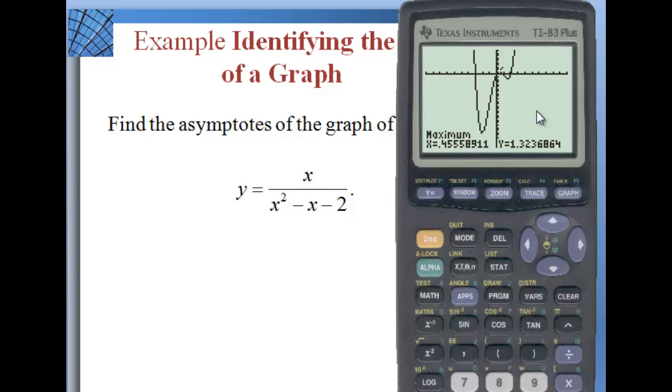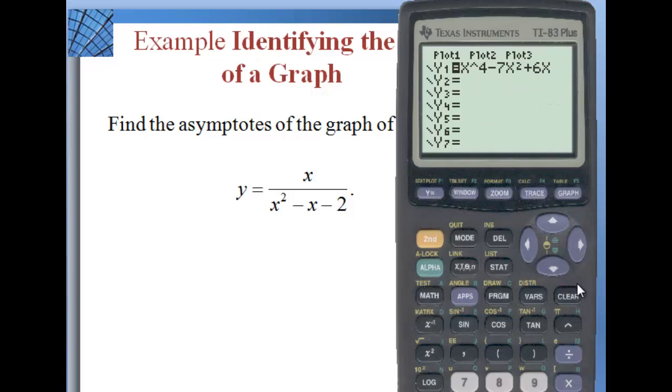Graph our equation here. What we have to do is go to our y equals, clear out the equation we had, and start with the numerator, which is our x, divided by. Then when we have a polynomial in the denominator, we have to put it all in parentheses, so we indicate that that's all in the denominator. So then we'll get x, use the x squared key, minus x minus, again, make sure you're not using the negative sign, 2, close your parentheses, graph it.